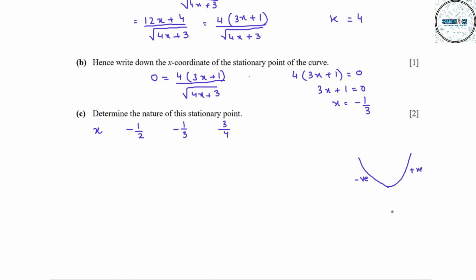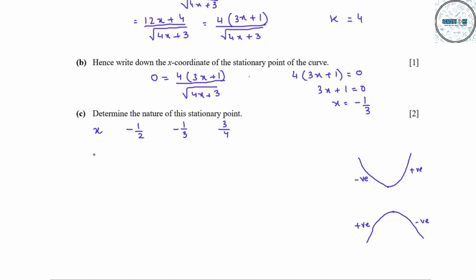But if it is a maximum point, then on one side of the curve the gradient is positive, and on the other side the gradient is negative. So if at the lesser value the gradient is negative, and on this side the gradient is positive, it means that it is a minimum curve.